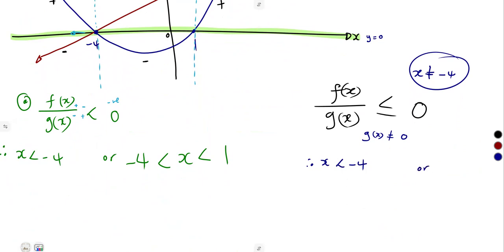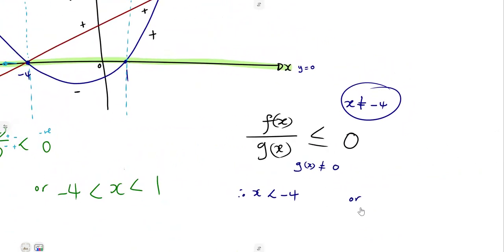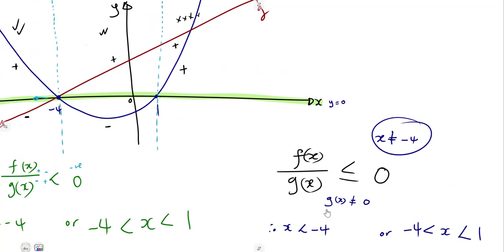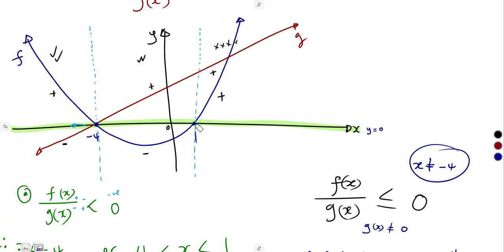We move on to the other part, which is supposed to be x is greater than or equal to -4, but remember, x cannot be equal to -4. So it will be just x is greater than -4, and less than 1. Let's check on this part of being less than 1. Is it limited at 1? At 1, this is 1 here.